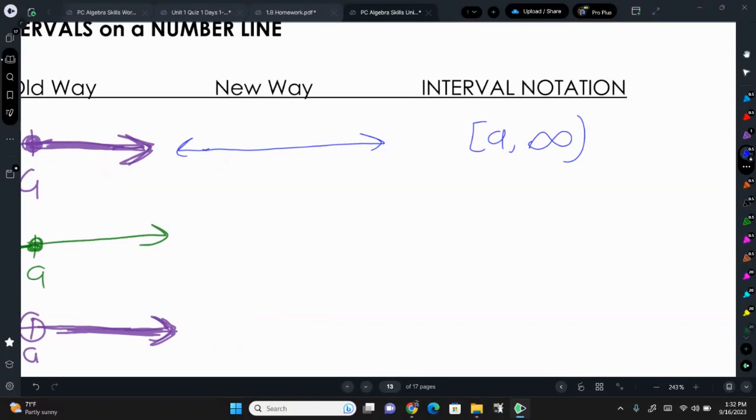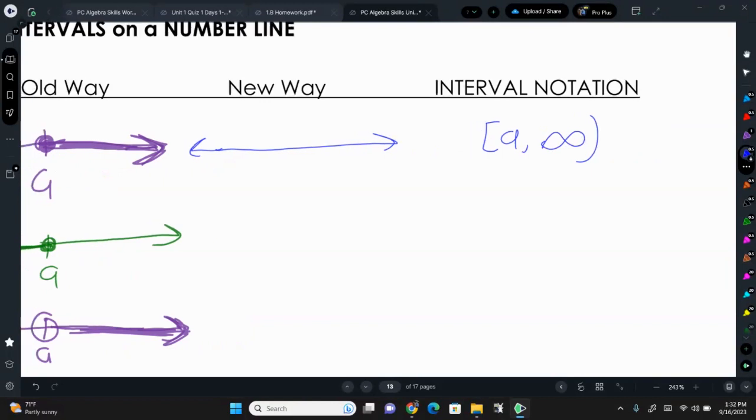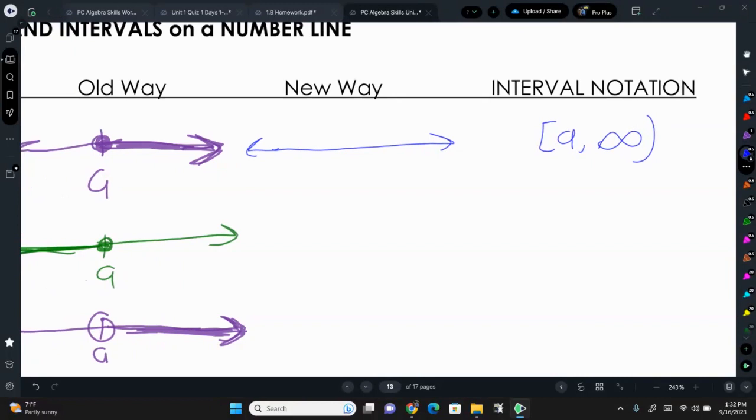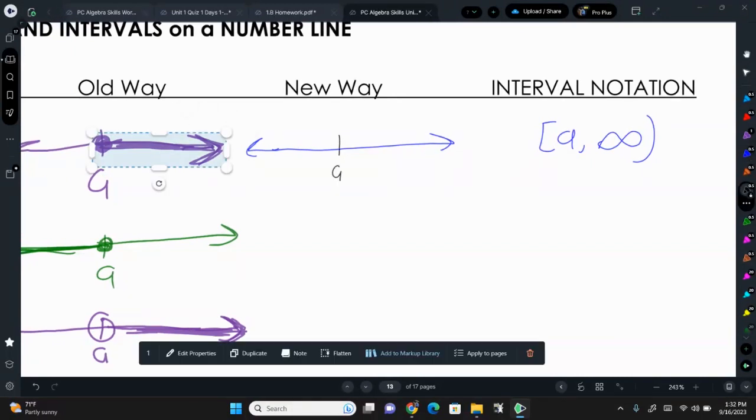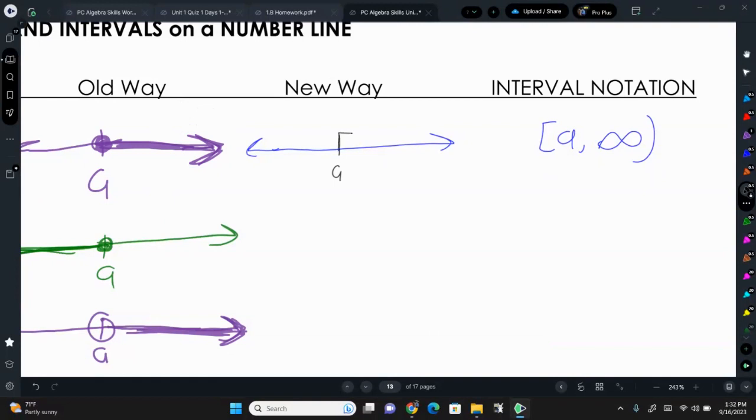Okay, and infinity always has parentheses. So what we would do is we still have a, but instead of a circle, we would do a bracket because it's included.